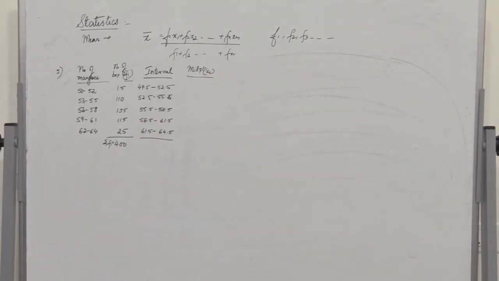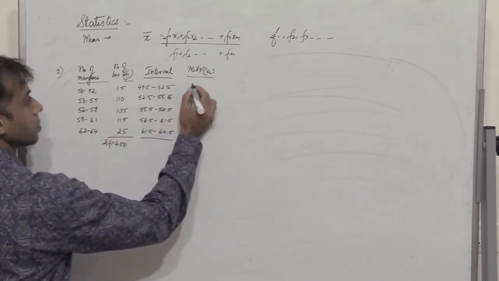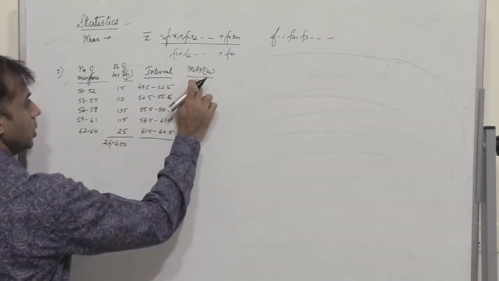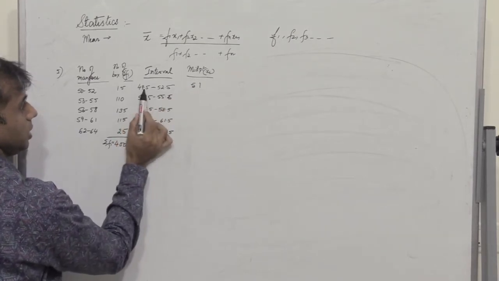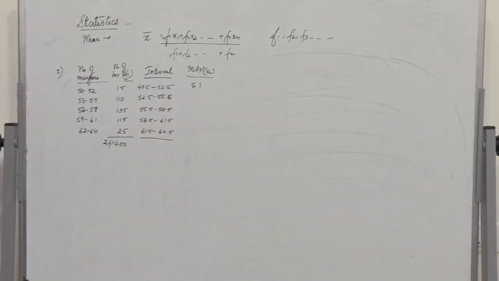So the midpoint would be 49.5 plus 52.5 divided by 2. So we get 51, right? So we get a value of 51 here. So it's going to be 50 plus 52, which is 102 divided by 2, which is 51.